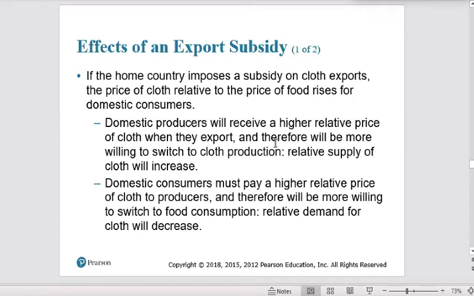You will be looking at, okay, I can make $10 a piece of clothes from the world market. When I sell the clothes to the US, I can make $10 a piece. And the government will also pay me $2 for every piece of clothes I sell. So I'm making $12 a piece now because of the subsidy. Instead of $10, now I'm getting $12. This $2 extra is coming from the government.